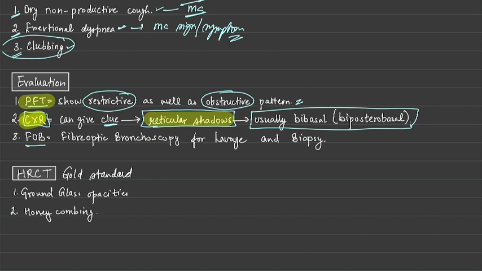Fiber optic bronchoscopy can be used for lavage and biopsy. What will you see in lavage in case of ILD? You will see eosinophilia. And what will you see on biopsy? We will see honeycombing in most of the types of ILDs.